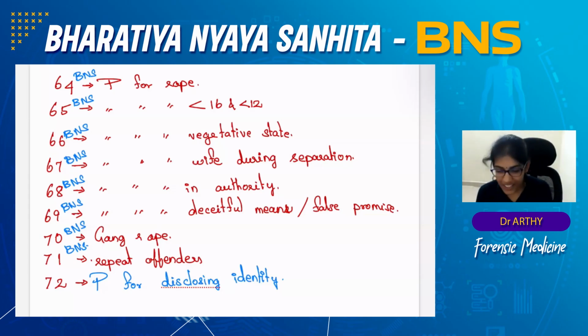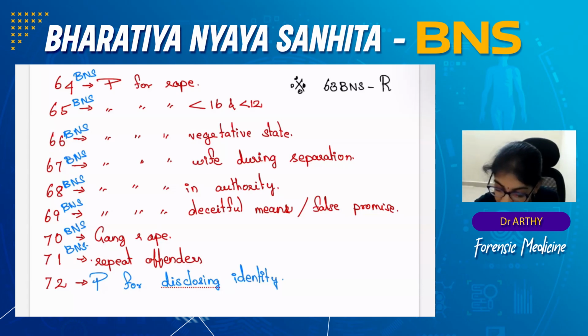Now having said all these things, for our remembrance, we started with 64 BNS. But the important point over here is 63 BNS. Our 63 BNS is the one that defines rape. The legal definition of rape is given in 63 BNS.